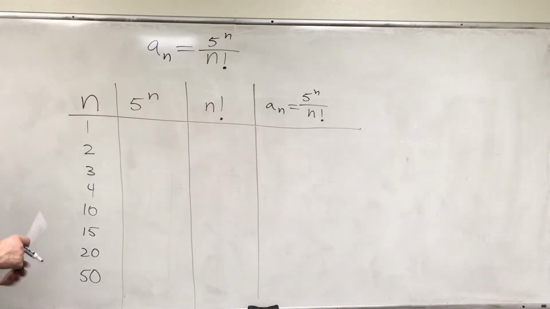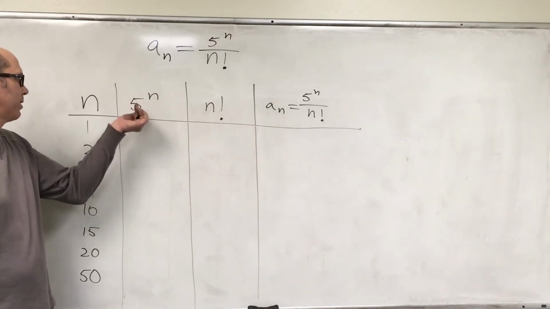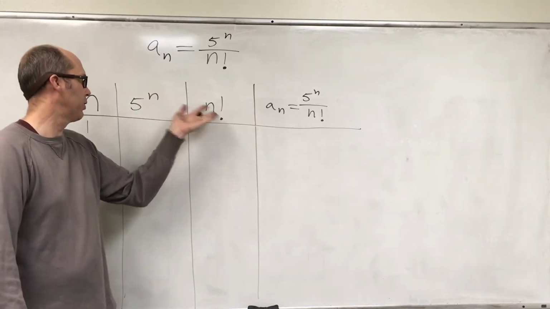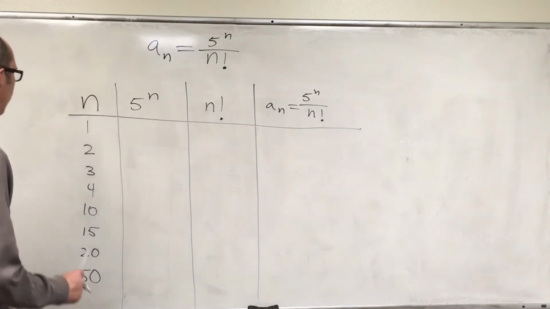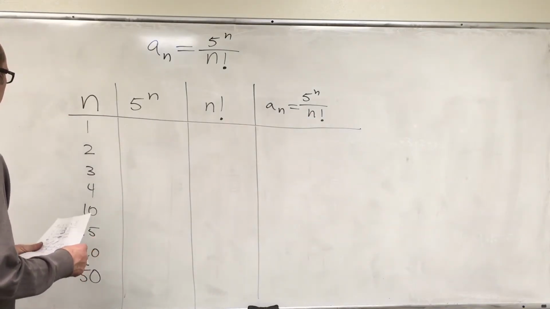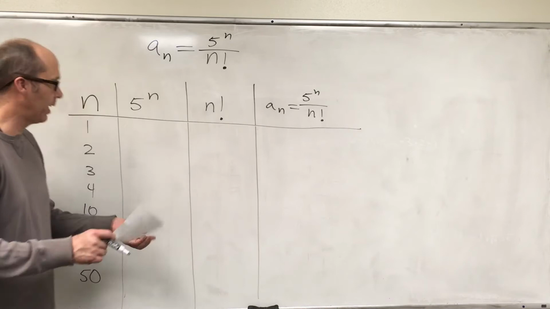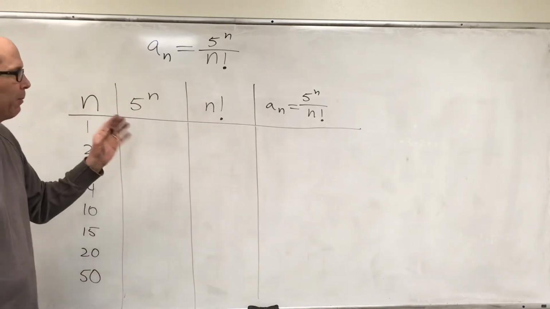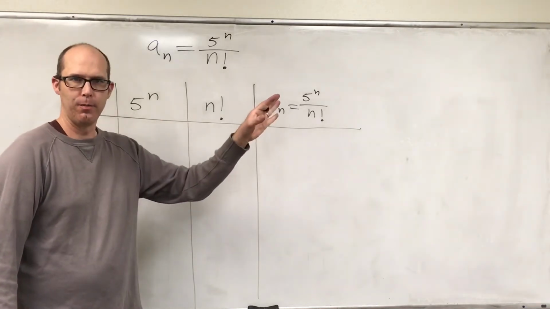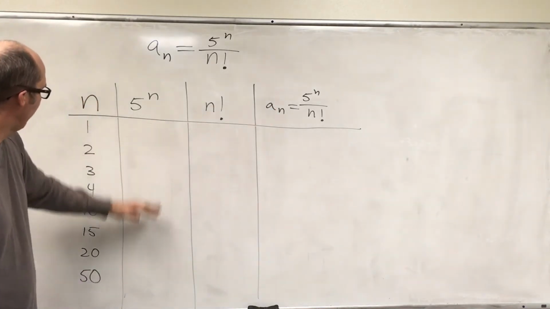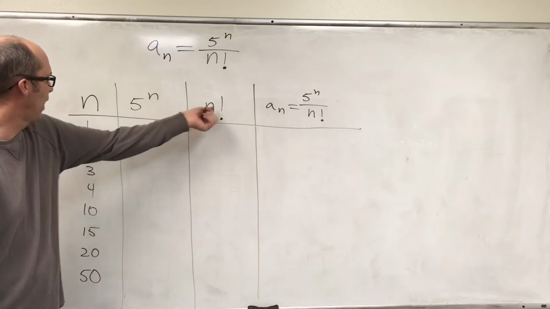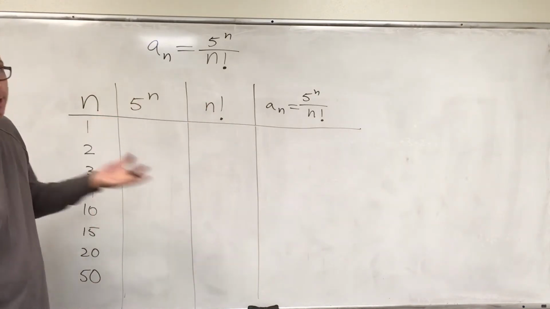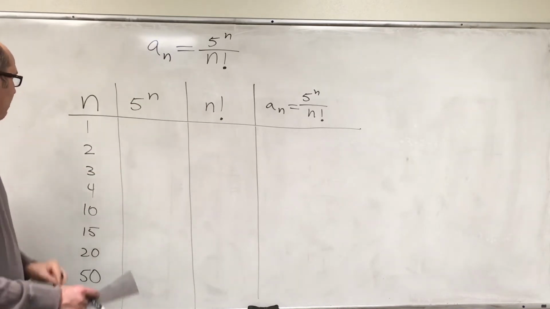So 5 to the n is exponential, so it grows pretty fast. But n factorial, you'll see it grows faster. And the interesting thing is that it doesn't grow faster right away. But remember, all we're concerned with is the tail. So if at first this grows faster than that, but eventually that grows faster than this, that's all we really care about. And that's what we'll see happens.